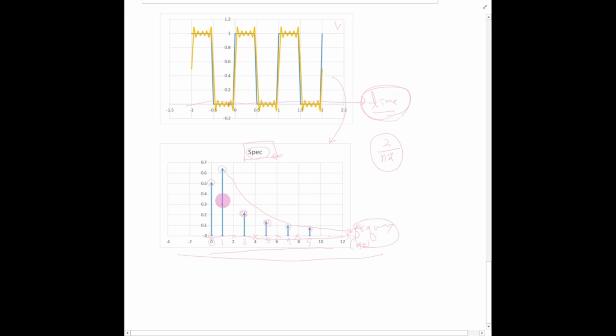It has only odd harmonic components. There is no even harmonic component. So we can see what kinds of harmonic frequencies are included in these patterns, which can be found by the Fourier series. That is one of the important factors that we have to know from this Fourier series.